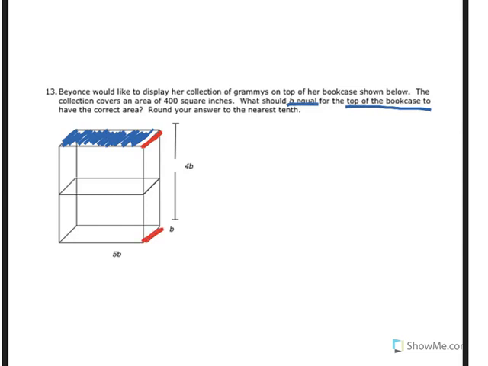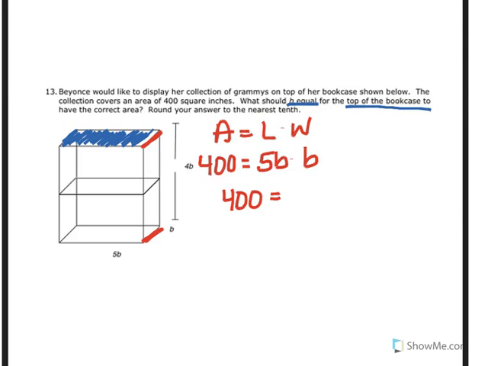So let's think about, how do you find the area of a rectangle? Well, the area is equal to length times width. And so the length of this bookcase is 5B, and the width is B. And we know that the area is 400. So let's do this in steps. 400 equals 5B squared.